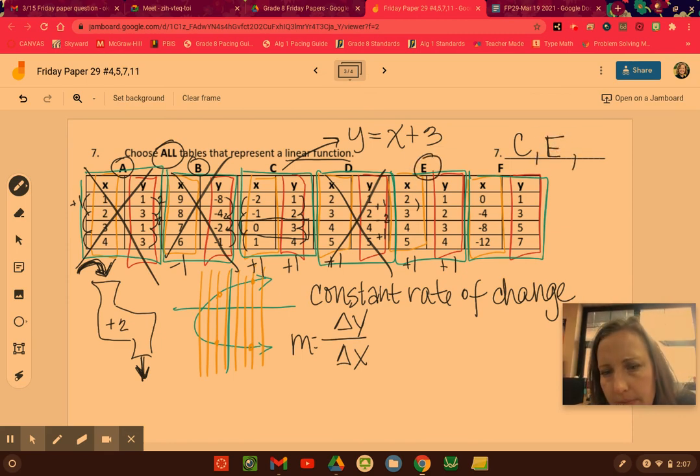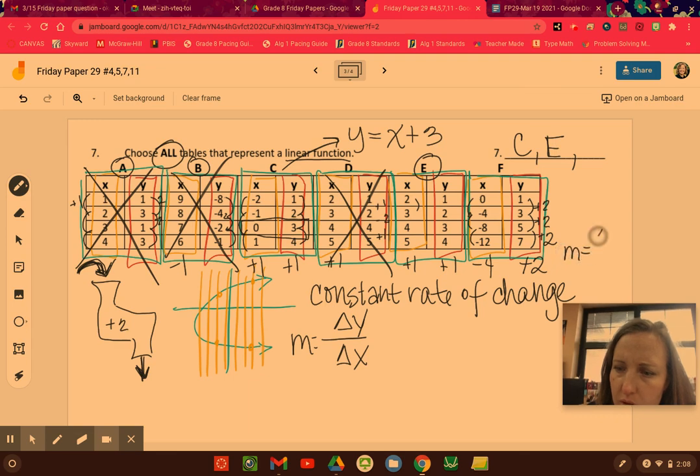Let's look at the next one. 0 to negative 4. We minus 4, minus 4, minus 4. 1 plus 2 is 3. 3 plus 2 is 5. 5 plus 2 is 7. So I have plus 2. So my slope is 2 over negative 4, which becomes negative 1 half, right?